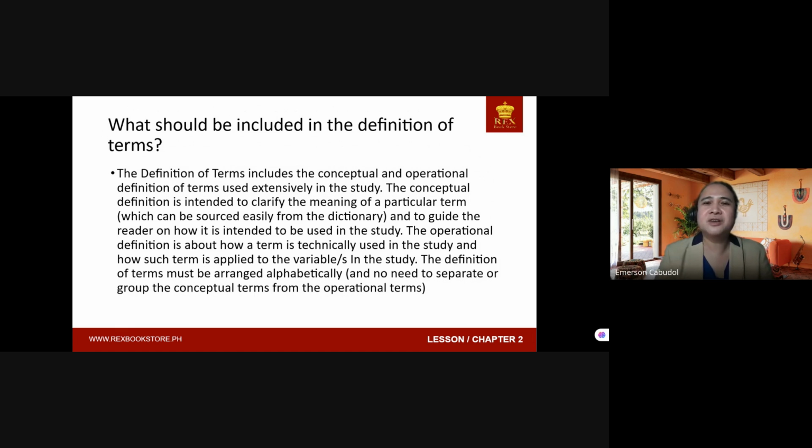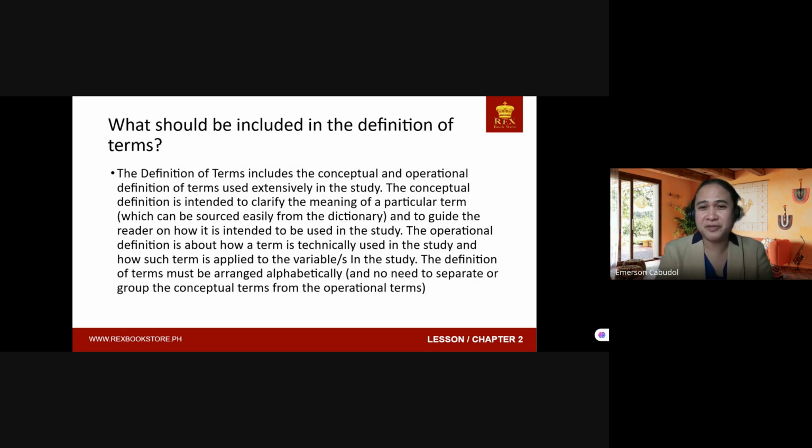Let's say customer satisfaction. Conceptual definition muna. It's a measure of how products and services supplied by a company meet or surpass customer expectations. So that's the definition conceptually from the book. Okay, operational definition depending on the study.